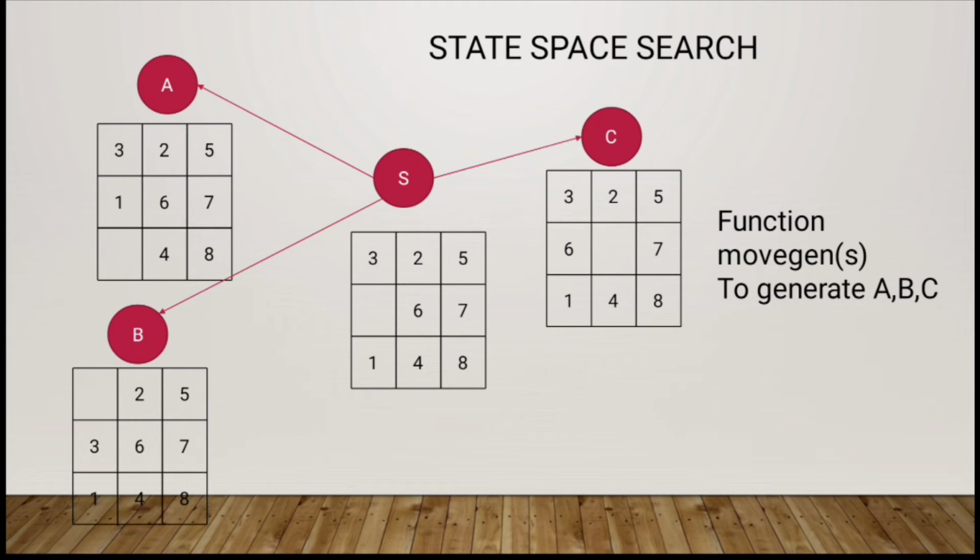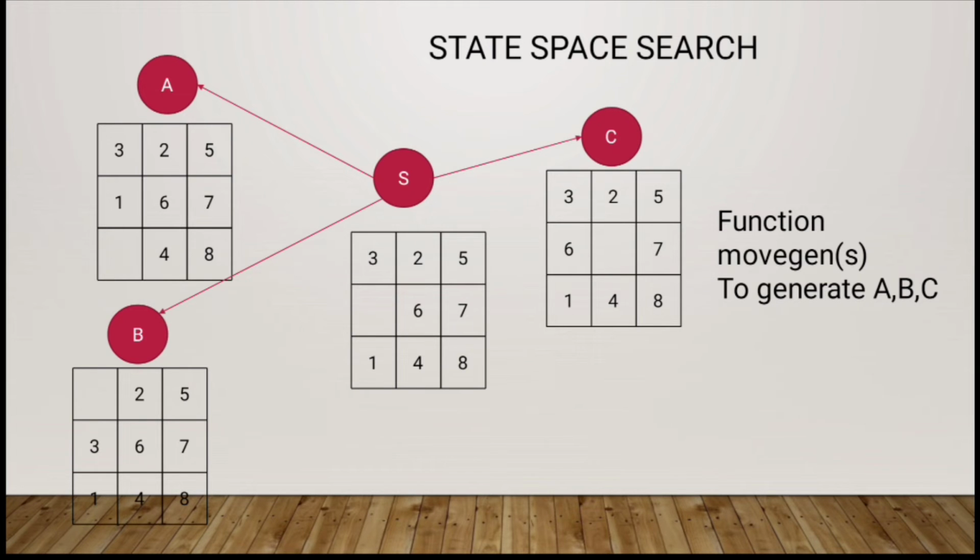There will be 3 possibilities from this. One is state A, where I have moved 1 up, so the space where 1 was is left. And you can see state B, where I have brought 3 down, so the space of 3 is left. In the third one, C, you can see that 6 is pushed to the left side, so the middle column is left out. These are the possible neighboring states that I am generating using the function moveGen.